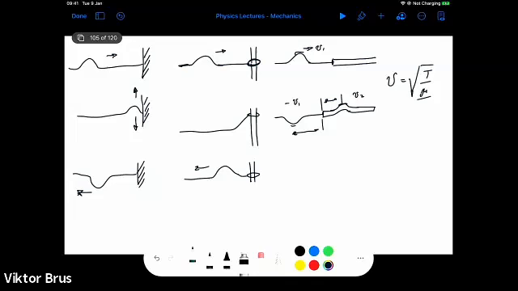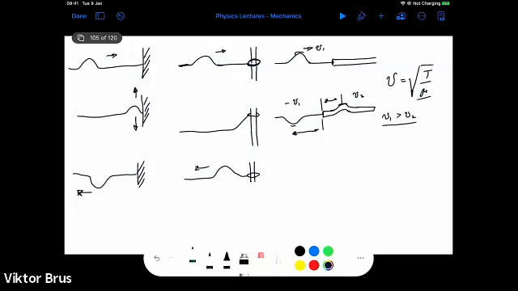There is another thing you need to remember. If a pulse or mechanical wave moves from the medium with higher speed of traveling of the wave towards the medium with lower speed, like in this case, V1 is larger than V2, then we get an inverted reflected pulse or wave.